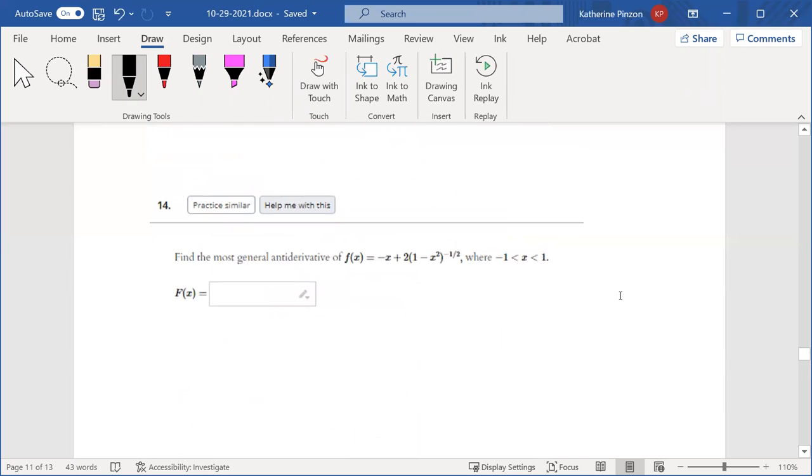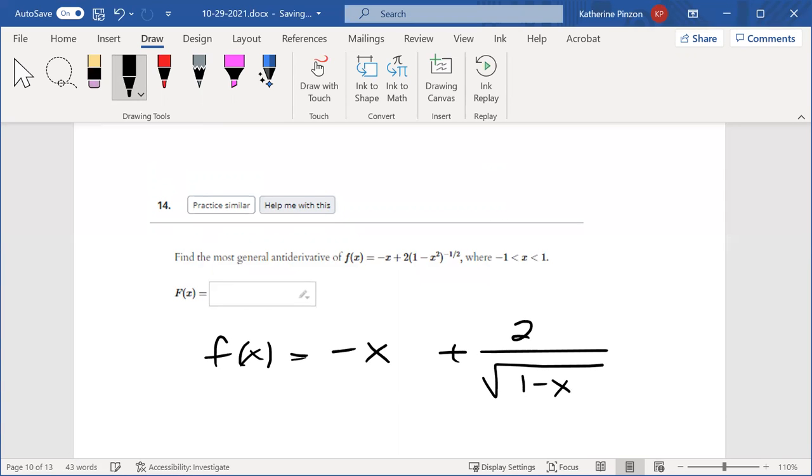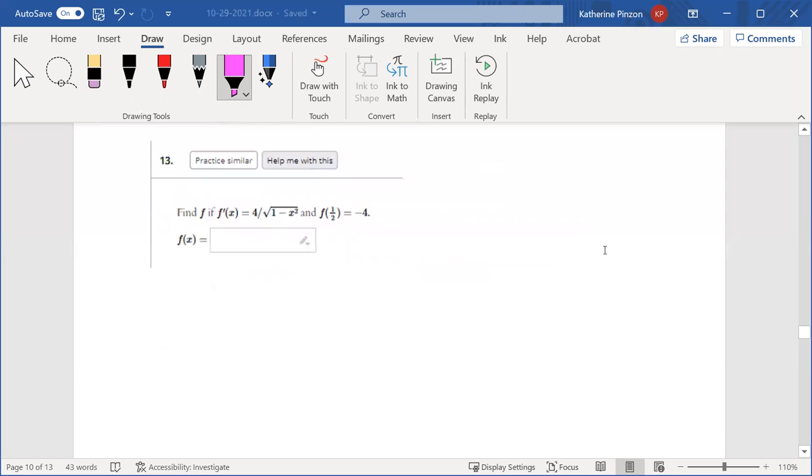Yeah, this is going to work for 14 too. So this is f of x is -x plus 2 over square root of 1 minus x squared. And this guy is like arc sine. And then same for 13.